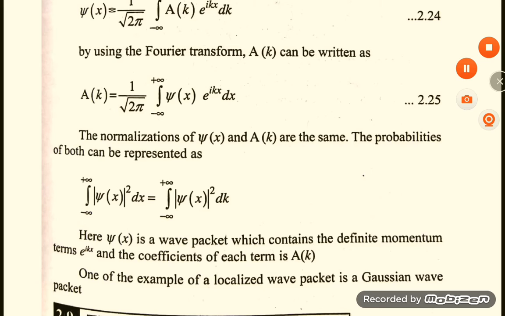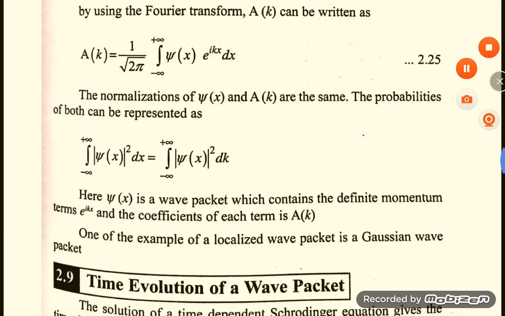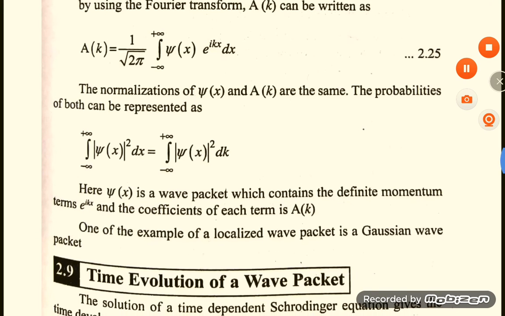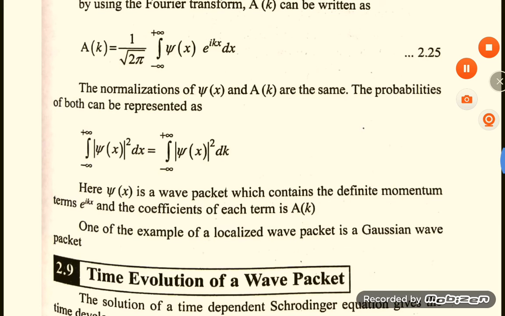The probabilities of both can be represented as integral from minus infinity to plus infinity of mod psi(x) whole square dx is equal to integral from minus infinity to infinity of mod a(k) whole square dk. Where psi(x) is the wave packet which contains definite momentum terms e^(ikx), and the coefficient of each term is a(k).